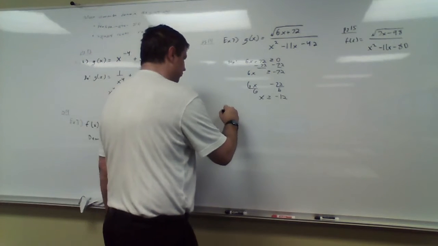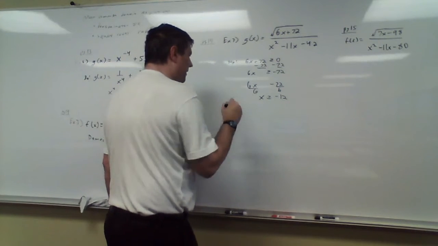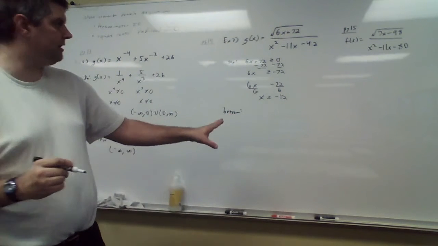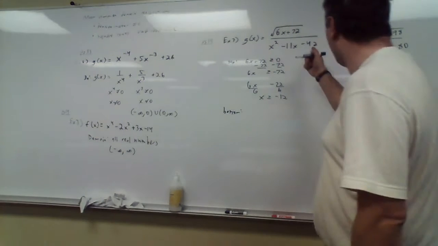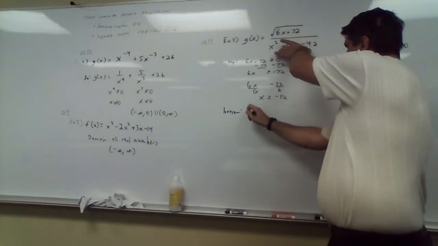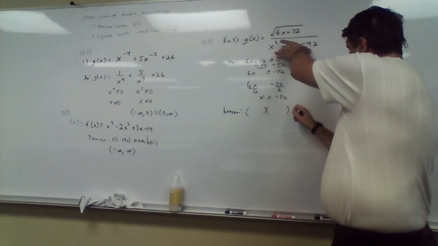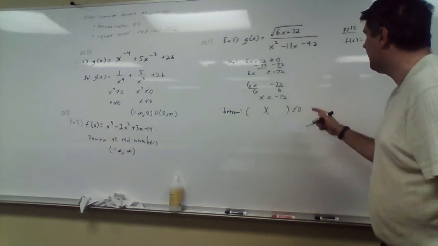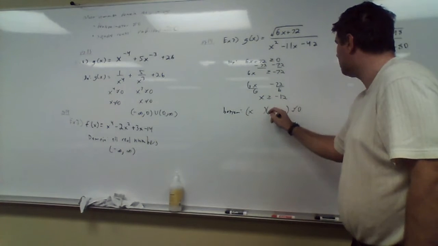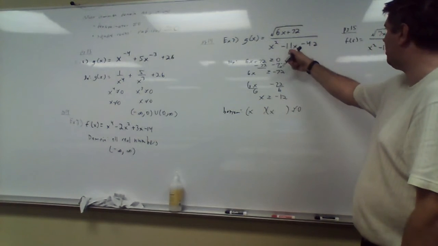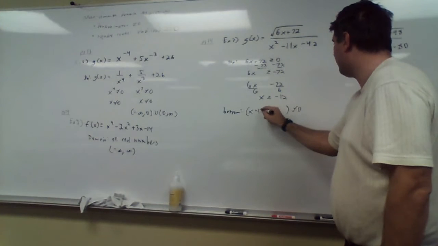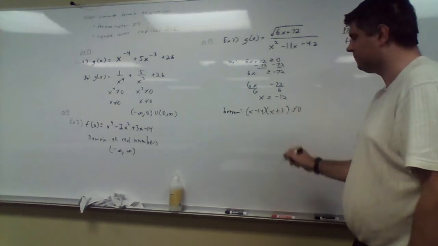Bottom. We will be doing interval notation, but we're going to save it for the end. The bottom, I'm going to go ahead and factor this. X and x. Two factors of negative 42 that add up to negative 11 are negative 14 and positive 3.